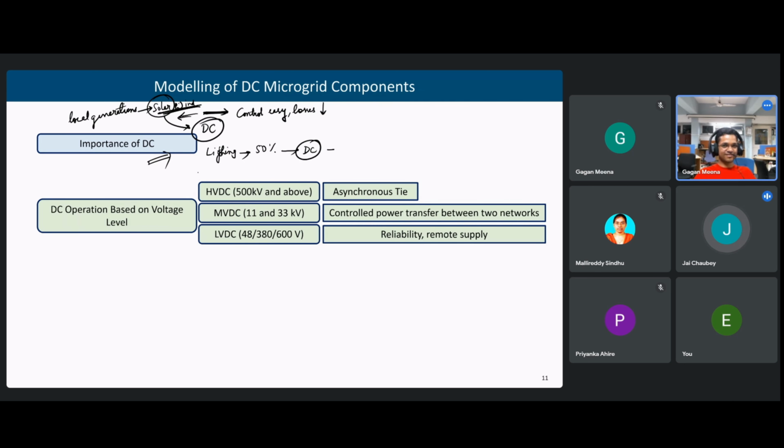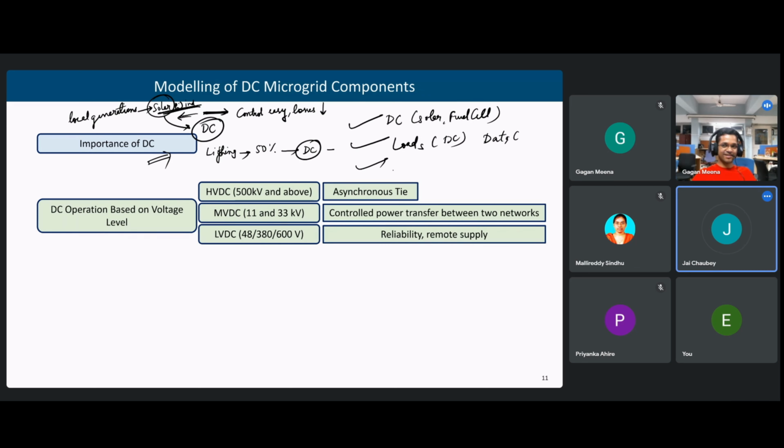And mostly, correct, we have DC generation: solar, fuel cell. Then we have loads also. Several loads are DC. We have data centers and communication towers. All these are DC loads.